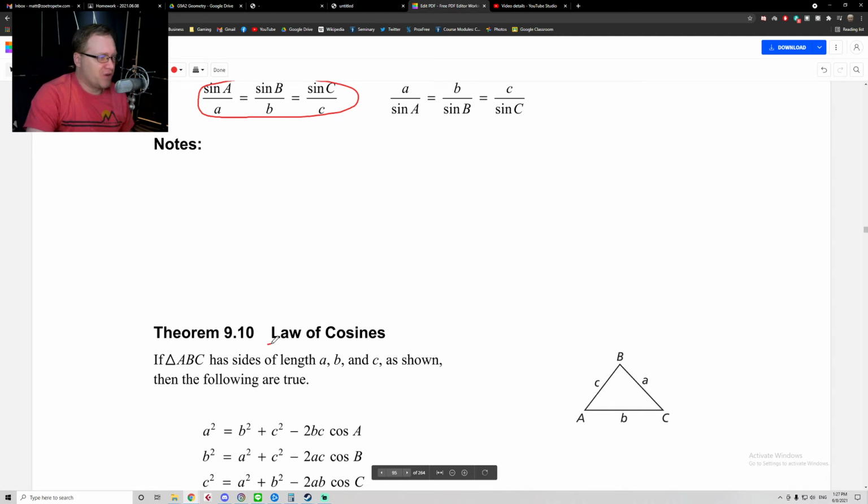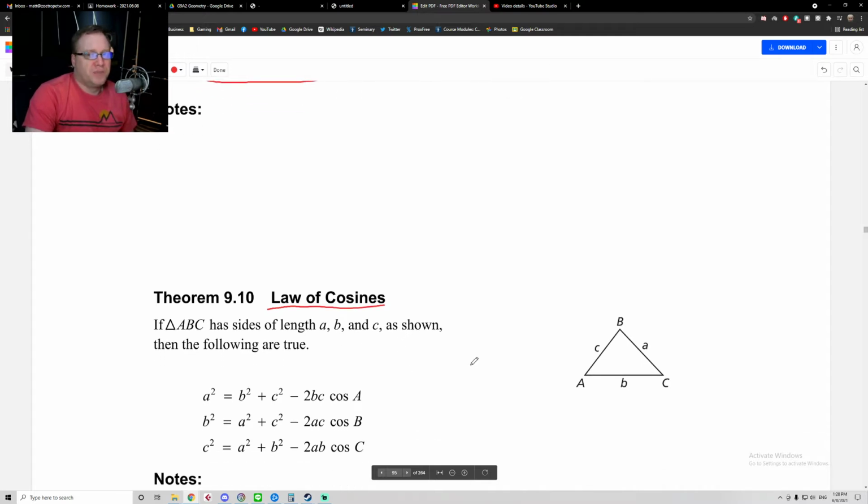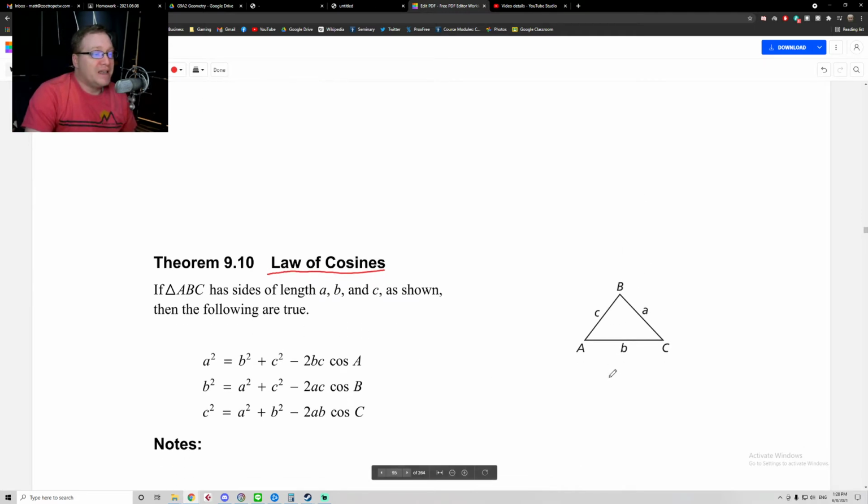Let's look at the law of cosines. Now, the law of cosines is the most difficult one to remember because the formula for it is a little long. But if you practice with it, it's not that bad. So, again, we have the same kind of triangle. We have sides A, B, C, and then angles A, B, C, where angle A is opposite side A, angle C is opposite side C, and so on.